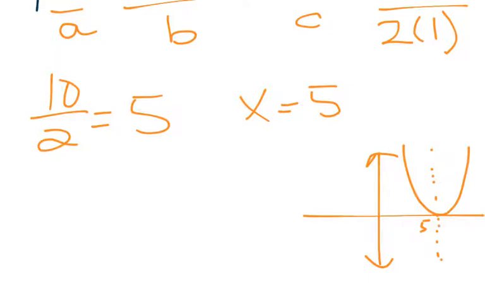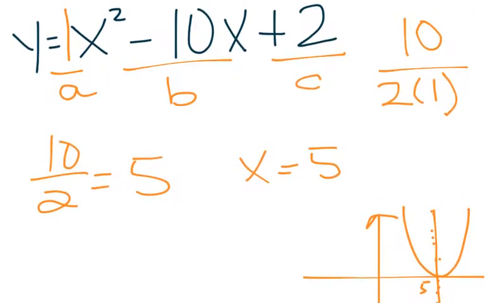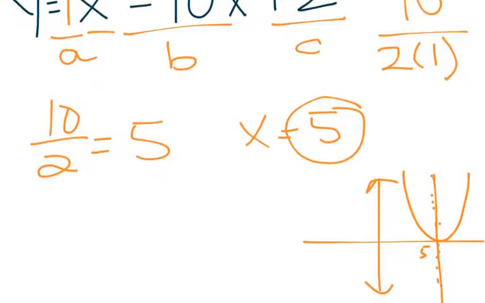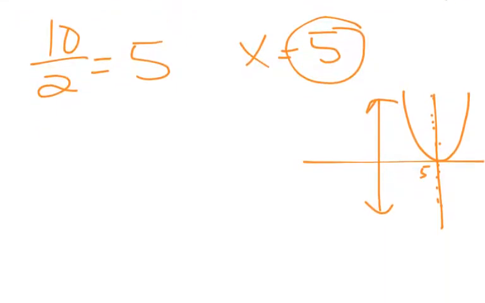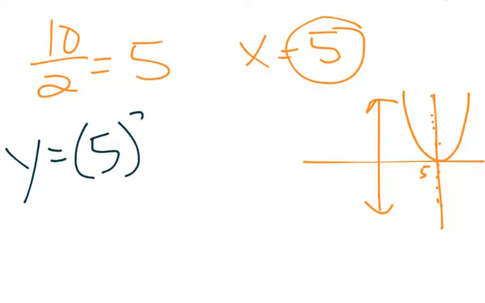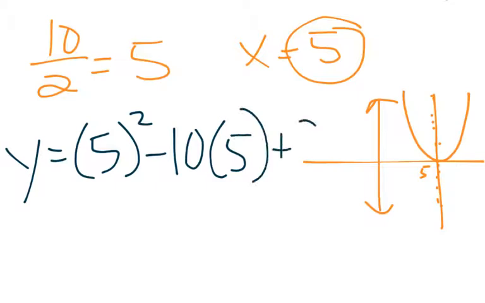Okay, so what we do in order to find out how high up or down this line the parabola starts, or the vertex is, we plug in 5 for x and see what y equals. So instead of 1x squared minus 10x plus 2, we're going to say y equals 5 squared minus 10 times 5 plus 2.